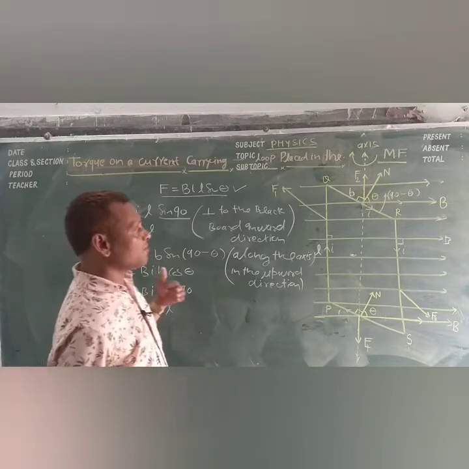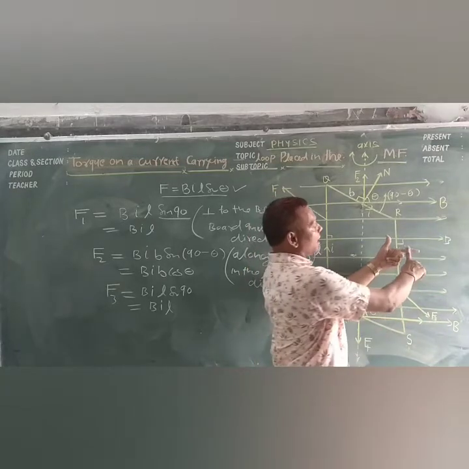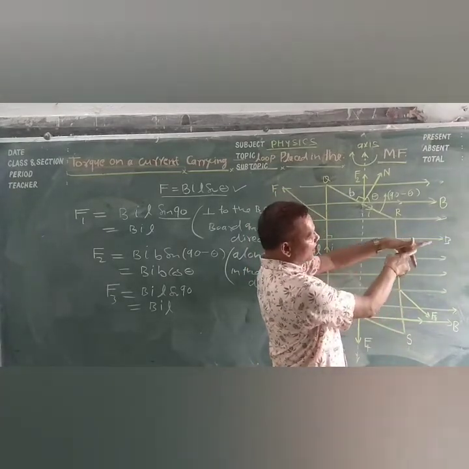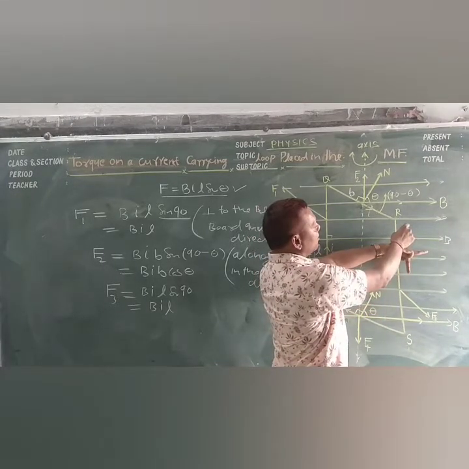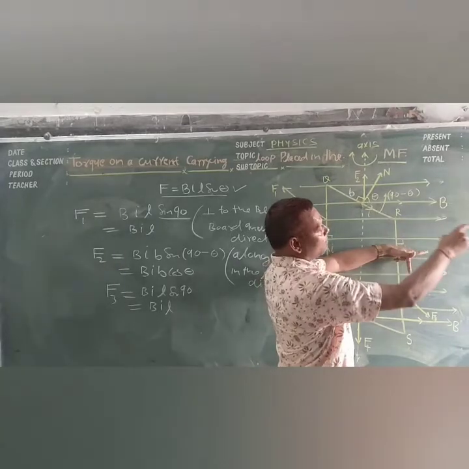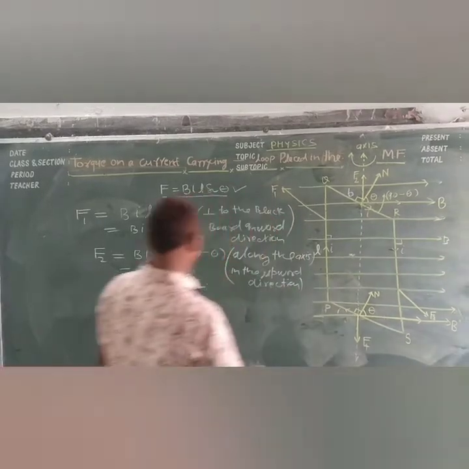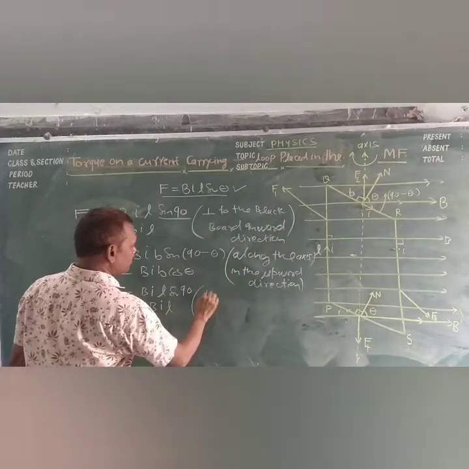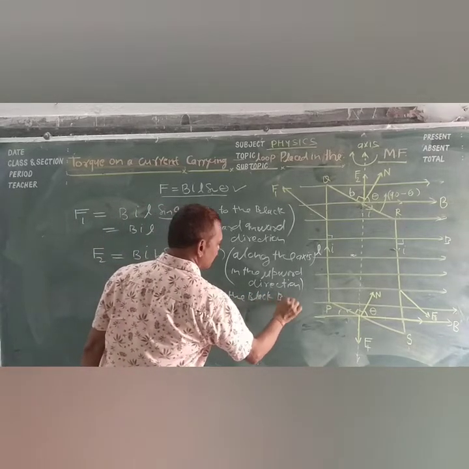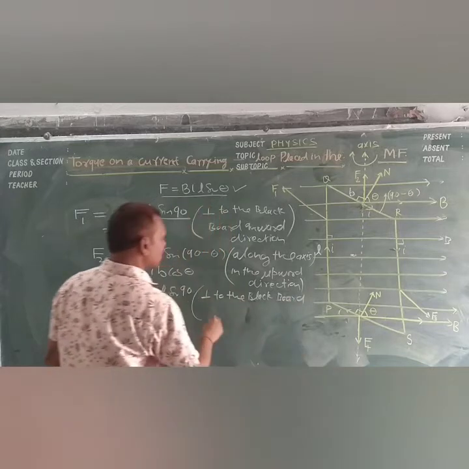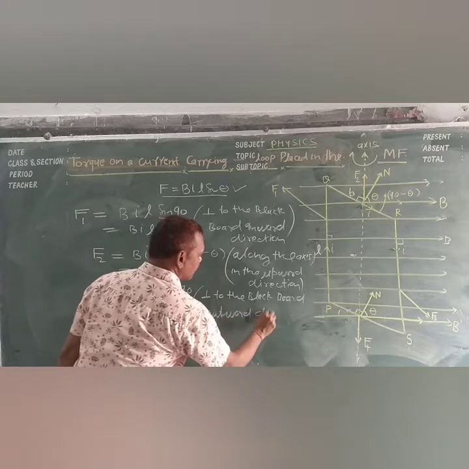Again, what is the direction of F3? We again use Fleming's left hand rule. This is the direction of magnetic field, this is the direction of current. So the direction of force is perpendicular to the blackboard in the outward direction. So the direction of F3 is perpendicular to the blackboard, outward.